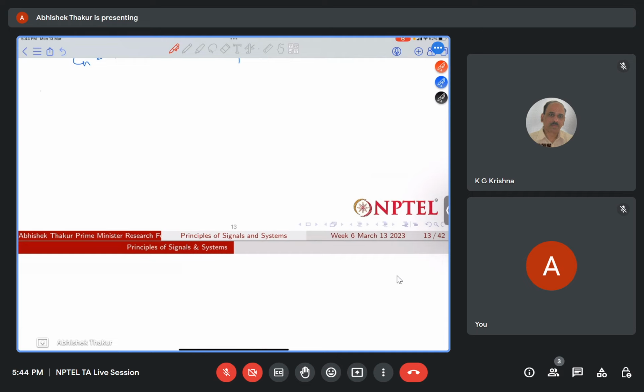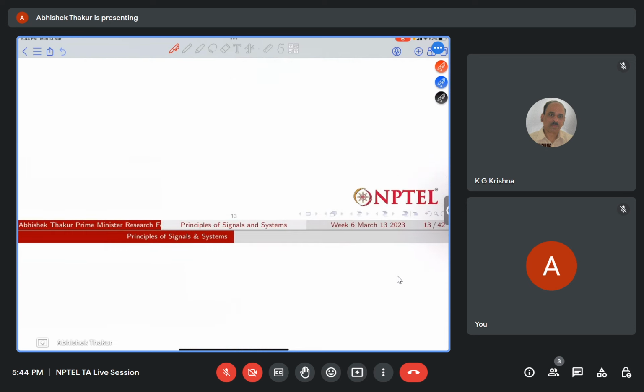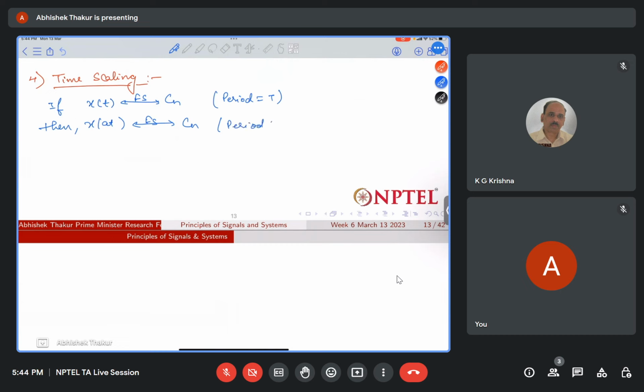So this was the third one. The fourth one is time scaling. In this, if the Fourier series coefficient of xt is cn, then for x of at, the Fourier series coefficient will be cn only, because here the period is t and here the period is t by a.